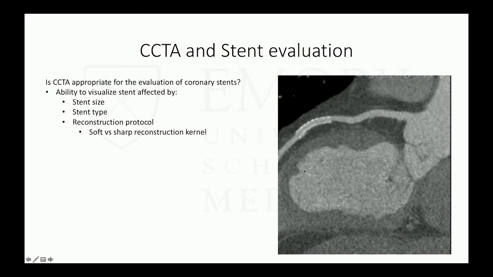And so moving on, a common question that's asked is, well, is CCTA appropriate in the evaluation of coronary stents? The answer to that is, it depends. One, it's dependent upon stent size. It's dependent upon the stent type. And it's certainly important that the reader uses what we call a sharp reconstruction kernel, basically giving us better edge detail in order to evaluate the stent.